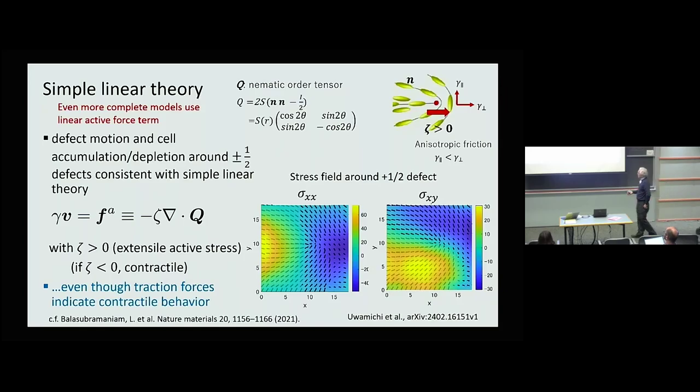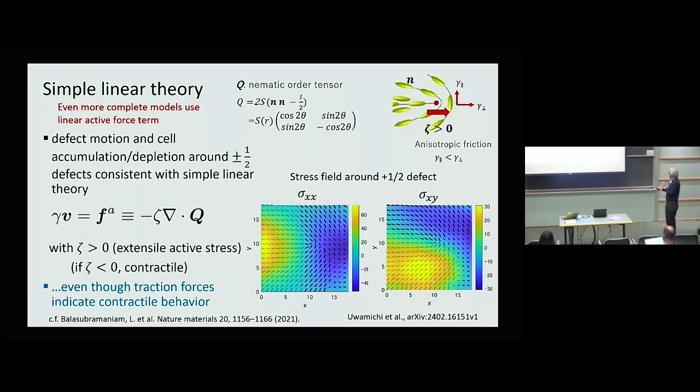However, if we measure the traction force by using traction force microscopy, the stress field around this comet-like structure is contractile, so the force is directed opposite to the moving direction. This is similar to the situation that Radu and the Singapore group observed for MDCK cells.